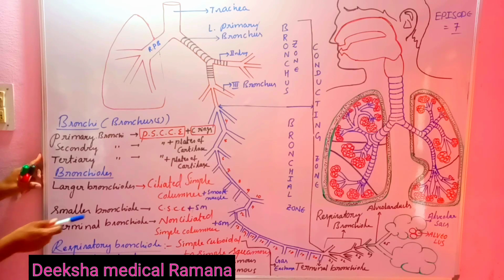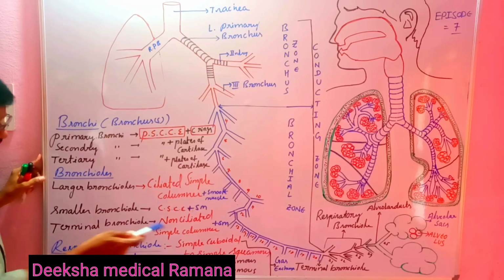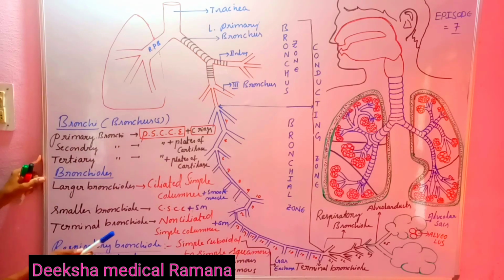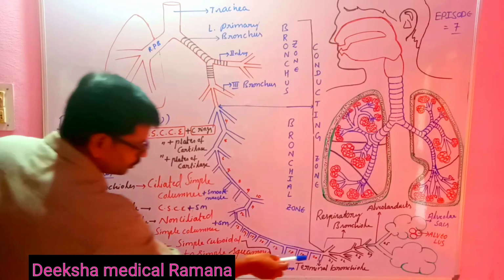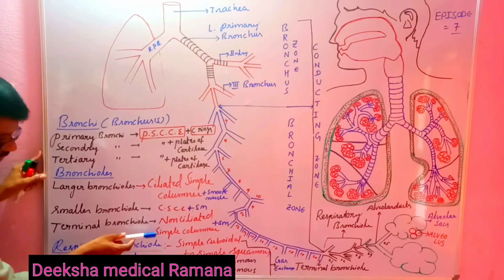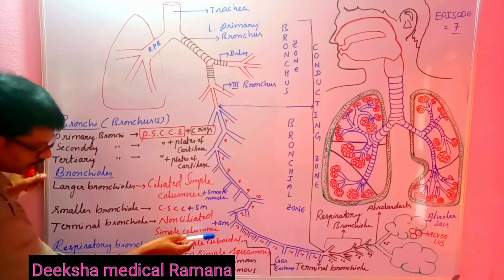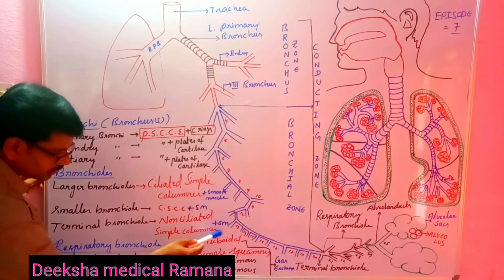Come to the terminal bronchioles, the terminal part of the bronchiole tree, which is made up of simple cuboidal epithelium without cilia, that is, non-ciliated epithelium, with more smooth muscles.